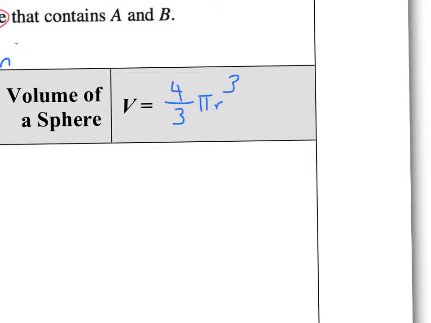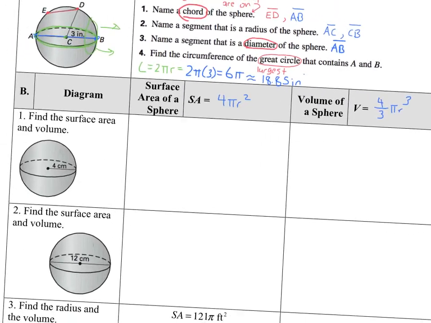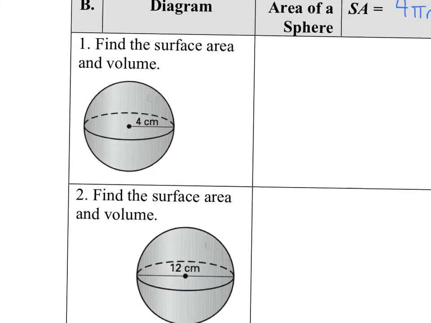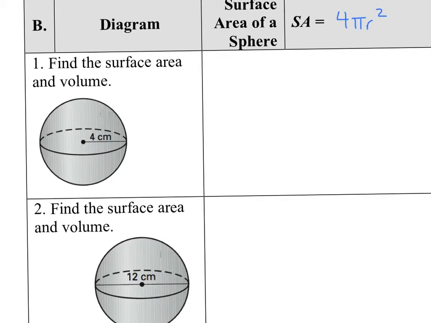All right, so applying these special formulas into context. The first one is a straightforward interpretation. We're given the radius. We just have to use the formula. So surface area is 4 pi r squared. My radius is 4.